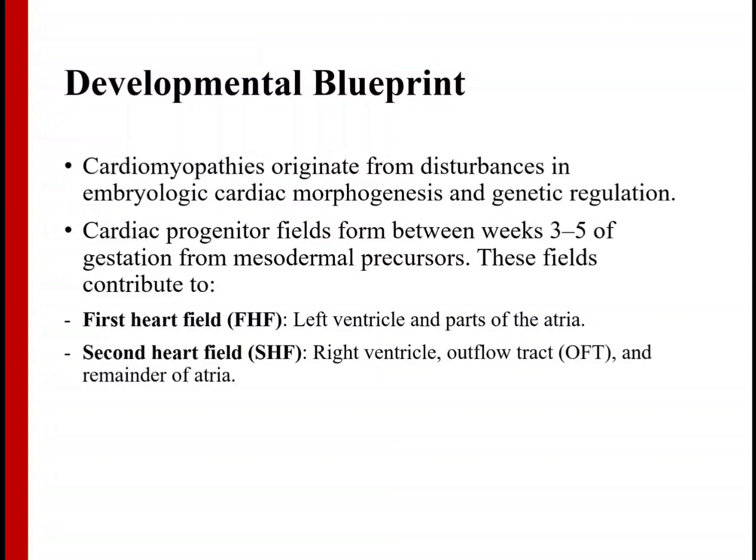The first heart field forms the left ventricle and parts of the atria, and the second heart field gives rise to the right ventricle, outflow tract, and remaining atrial tissue. These fields coordinate spatially and temporally between weeks 3 to 5 of gestation. Any disruption here, even subtle, can echo into adulthood as structural heart disease.